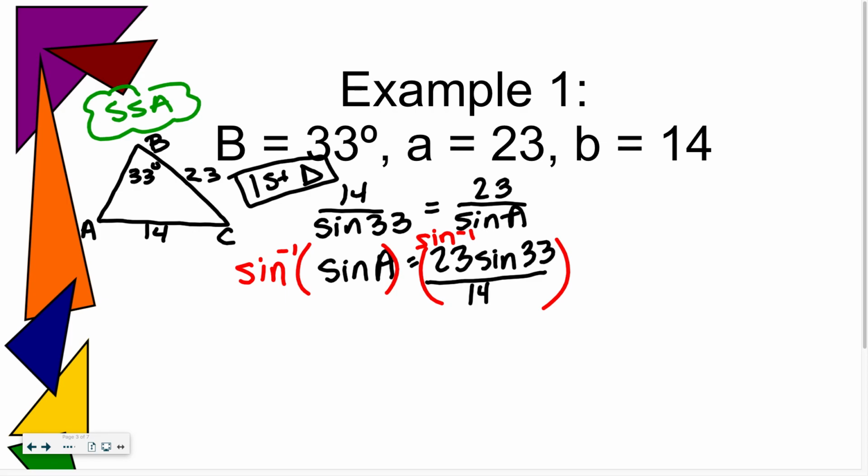I'm getting, and see if you can agree with this, angle A is 63.48 degrees. Let me know if you don't get that.